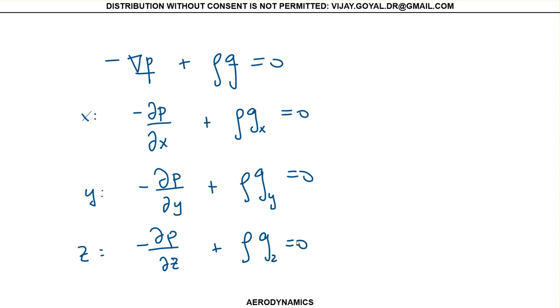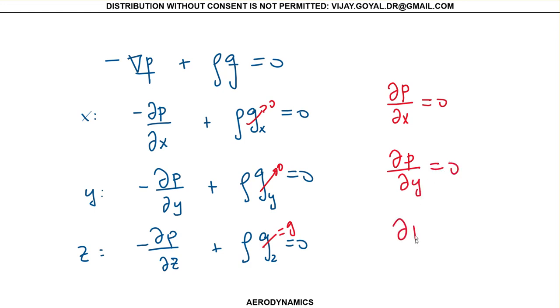And in the z direction, this is minus partial of p with respect to z plus rho g in the z direction is equal to 0. Now, if you realize that the gravitational force only acts in the z direction according to our coordinate system, then these go to 0, right? And this is equal to g. Then your equation basically becomes partial of p with respect to x is equal to 0. Partial of p, this is pressure, by the way, with respect to y is equal to 0.